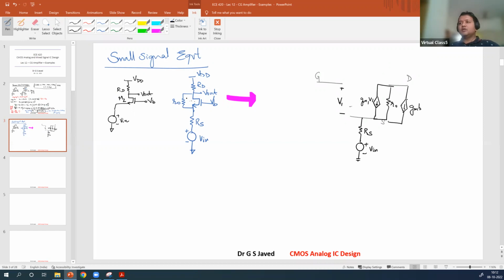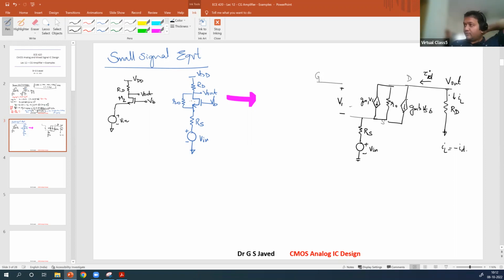What is the voltage supply here? Bulk to source, so VSB. Finally, you have the RD resistance connected to the load. This is your Vout. So this is current ID. This is IL, and you know IL is minus ID.